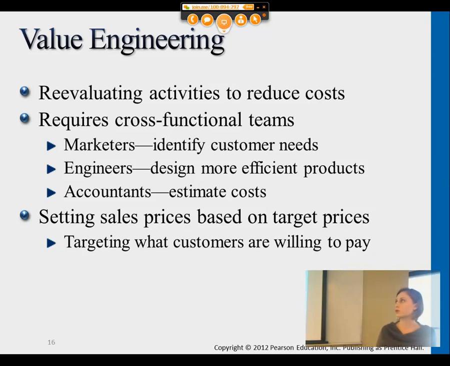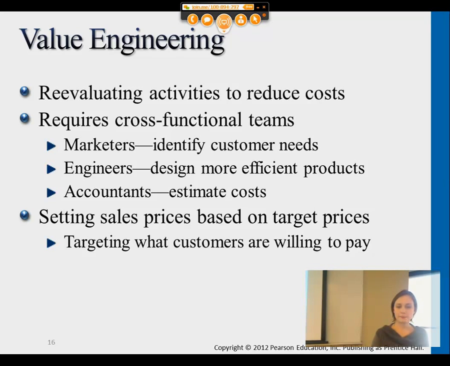So what is their role? Your marketers are going to identify all of your customer needs so that you, like we said in the very beginning, follow them. Your engineers are going to design more efficient products. And your accountants will estimate the costs using that ABC system.